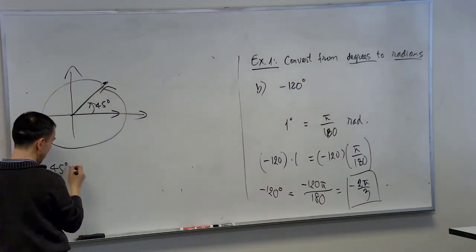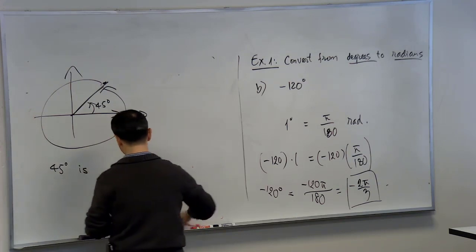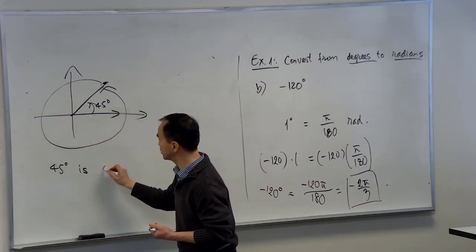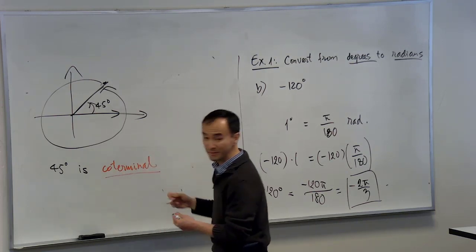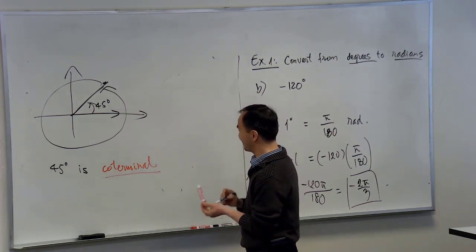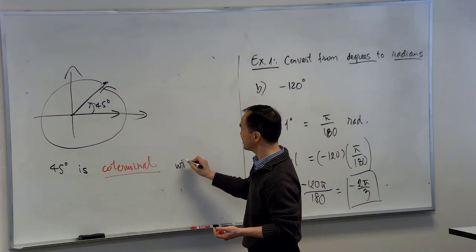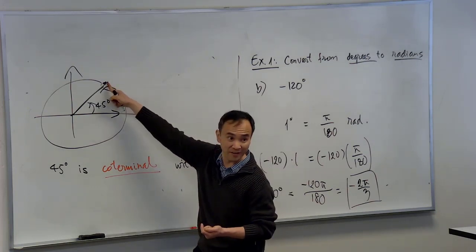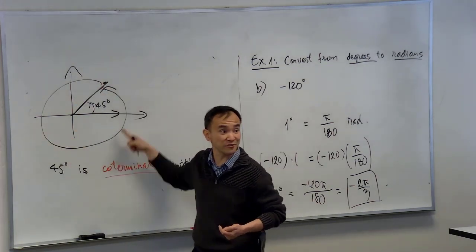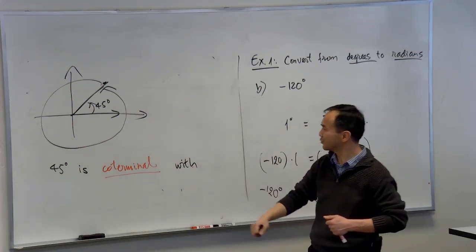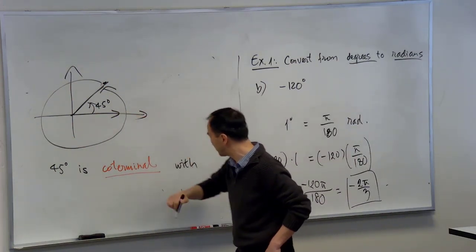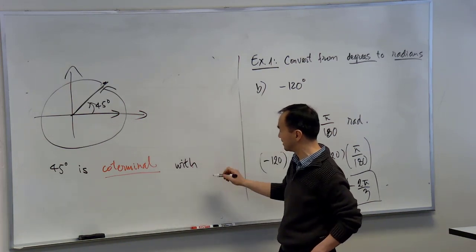Then think about it. So 45 degrees is said to be coterminal with another complete rotation from there. So what does that mean? 360 added on top of that. So 360 added to 45, what do we have here?